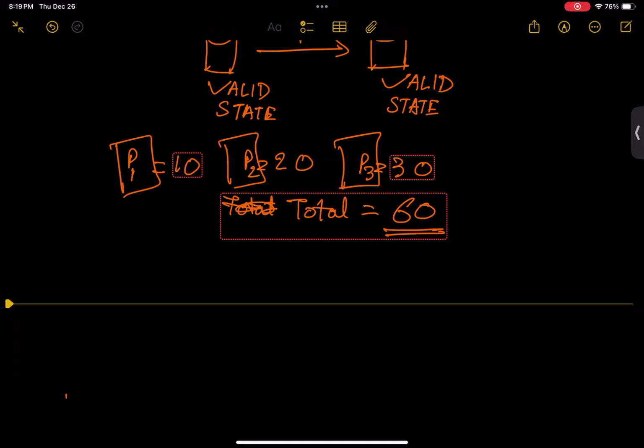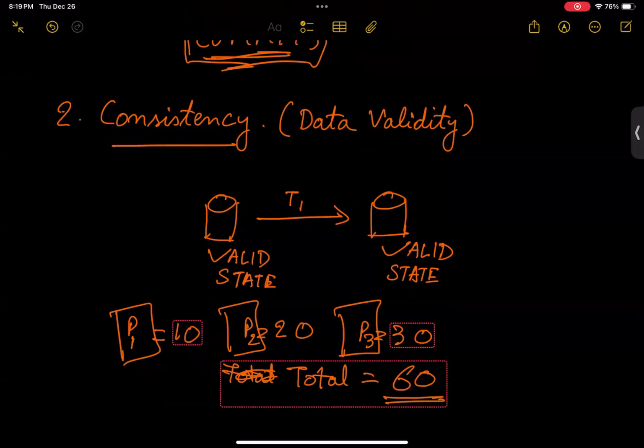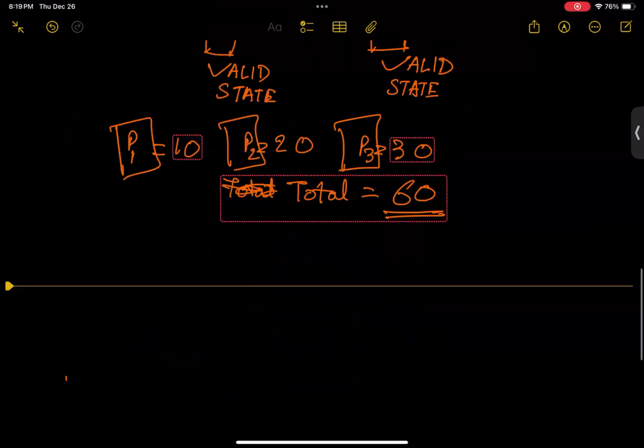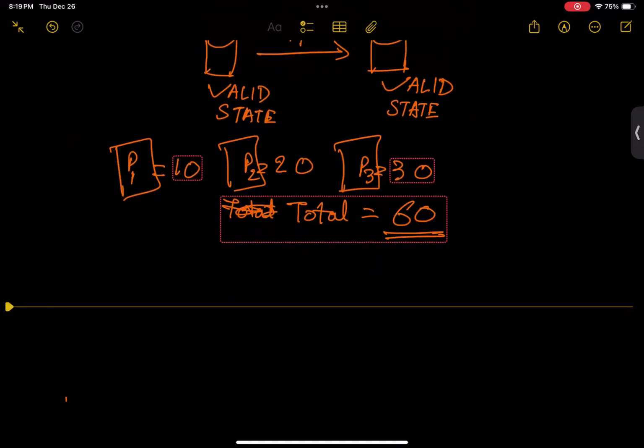So what I'm trying to say is that what we were talking about, consistency, these are called rules, and these are implemented through some checks. So these are called consistency checks. And consistency checks can be implemented in two ways. One way is pre-transaction, another way is post-transaction.